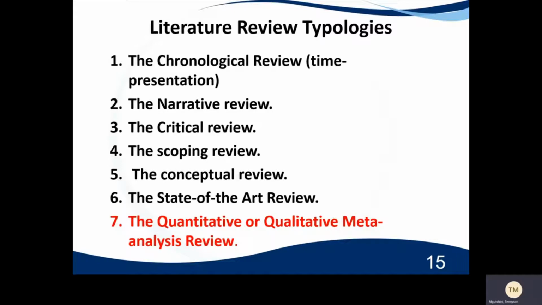What I mean by a time-based order is that the reviewer will make an explicit decision that the papers or literature they share with us is presented along a time continuum.